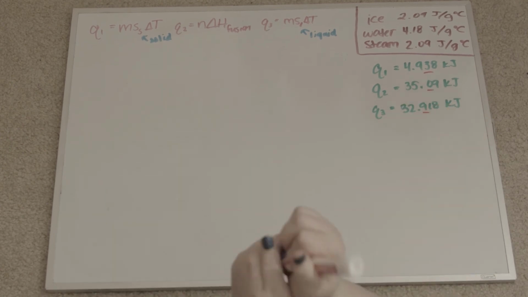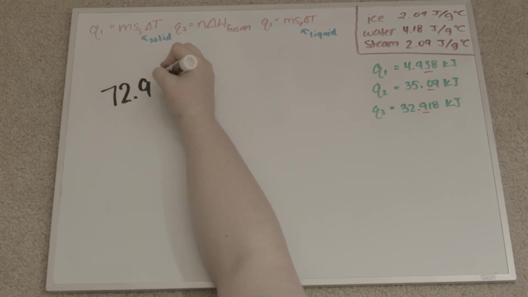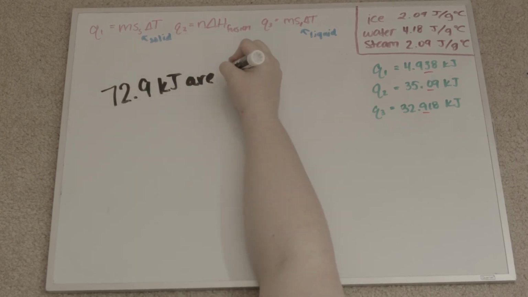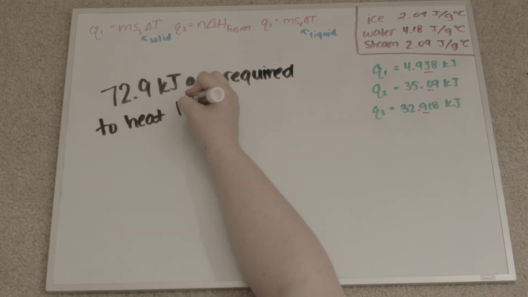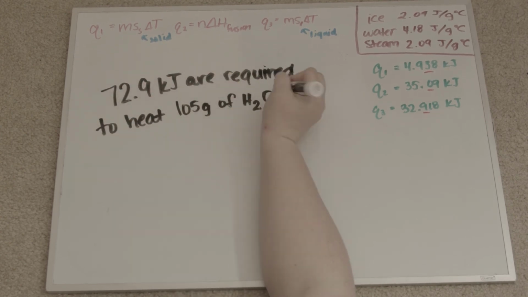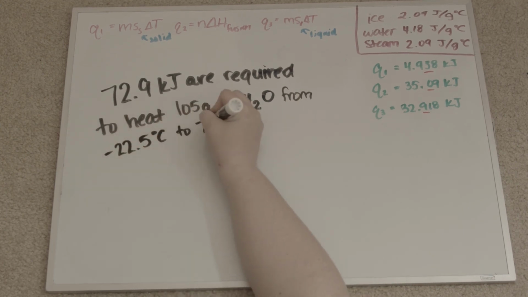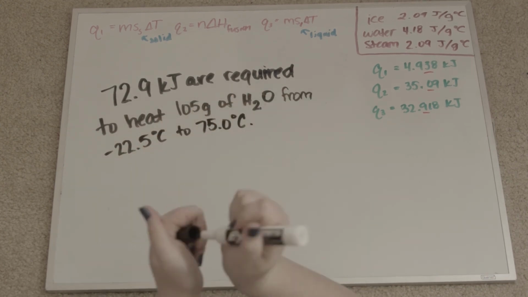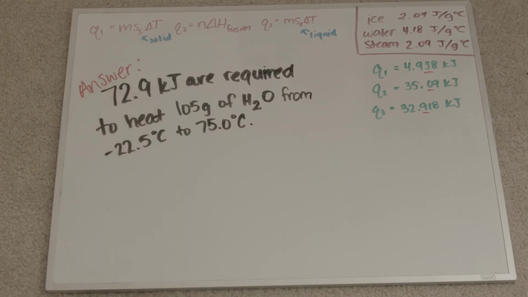So basically, 72.9 kilojoules are required to heat 105 grams of H2O from negative 22.5 degrees Celsius to 75.0 degrees Celsius. And that is how you find the enthalpy during phase change.